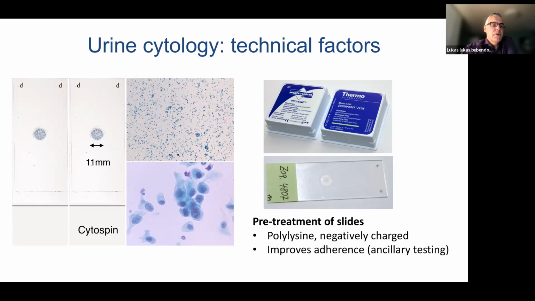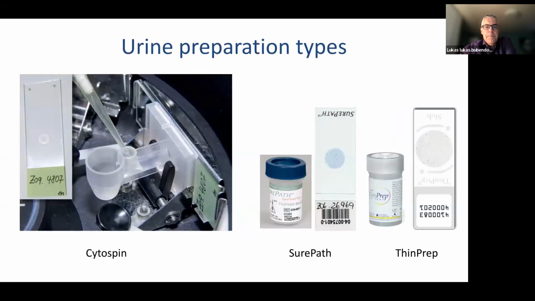Most institutions use two washings or two preparations, and Papanikolaou staining is the standard. It is also highly recommended to use pre-treated slides, so not the cheapest glasses that you find, but glasses that have been covered with polylysine, which improves adherence, which is important if you want to do ancillary testing, be it immunocytochemistry or FISH or whatever, because it just improves the adherence. The cells won't flow off.